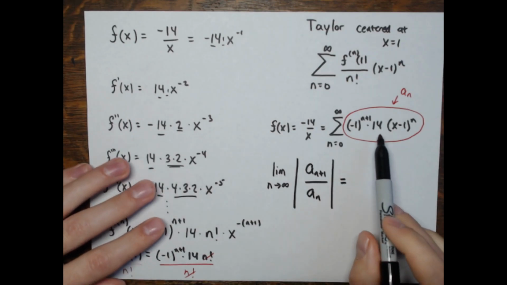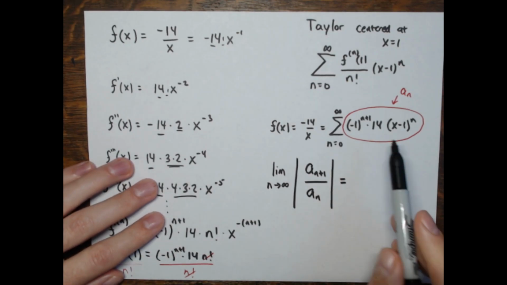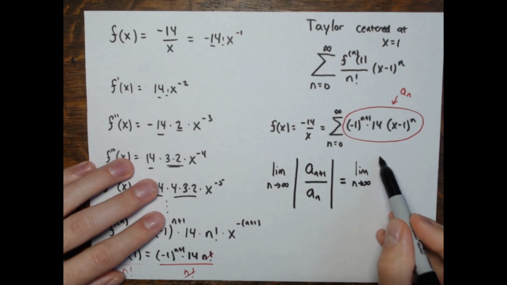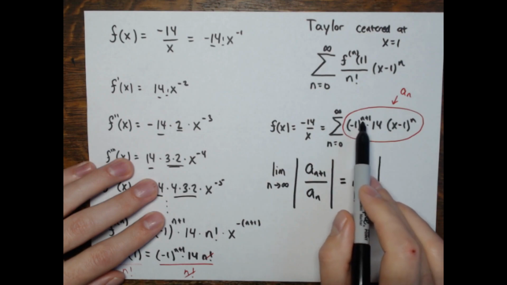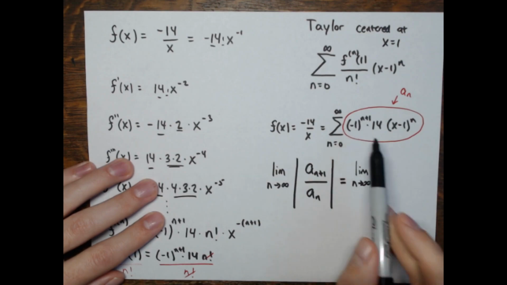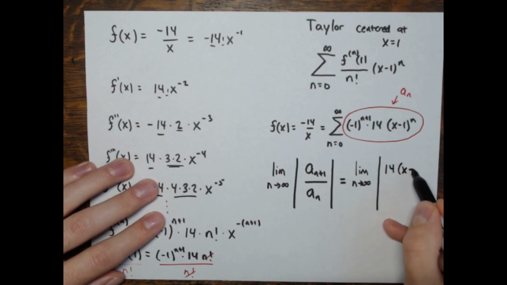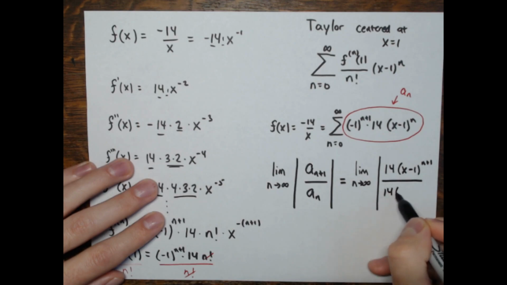I'll just write it, I can't assume that you're going to see that. Again, I'm not going to write the -1 stuff, that'll be gone, we're doing absolute value. So the numerator is going to be 14 times x minus 1 to the n plus 1. The denominator is going to be 14 times x minus 1 to just the nth.